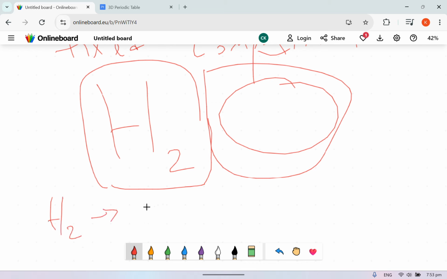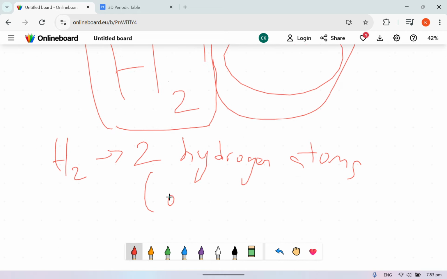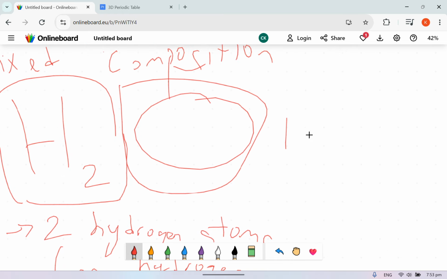H2 means two hydrogen atoms. Atoms are not elements, but it doesn't matter, okay? This is one oxygen atom. So, this is a fixed composition.